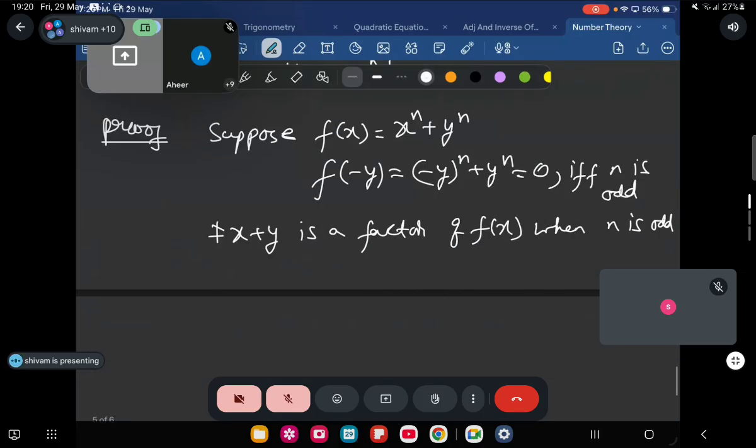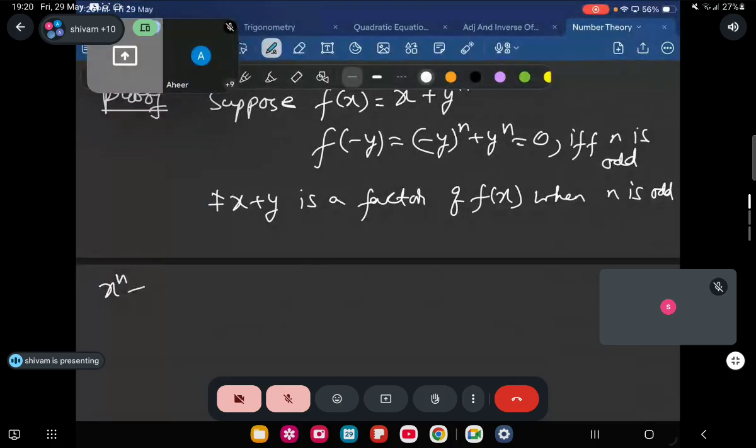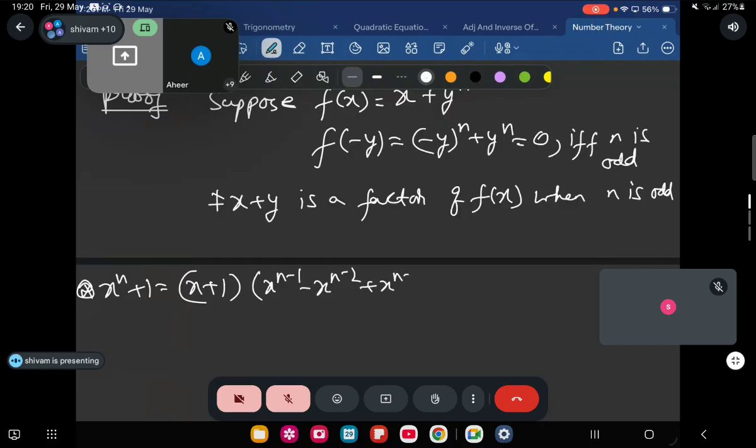Next. From these two formulas only, we have x power n plus 1 is x plus 1 into x power n minus 1 minus x power n minus 2 plus x power n minus 3 dot dot plus 1, for n odd natural numbers.